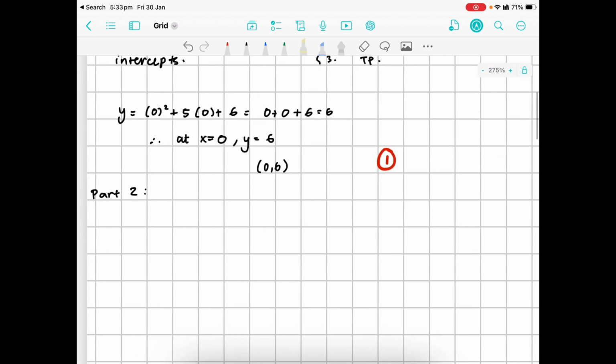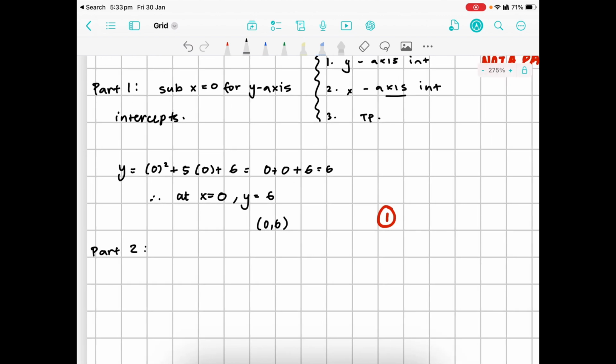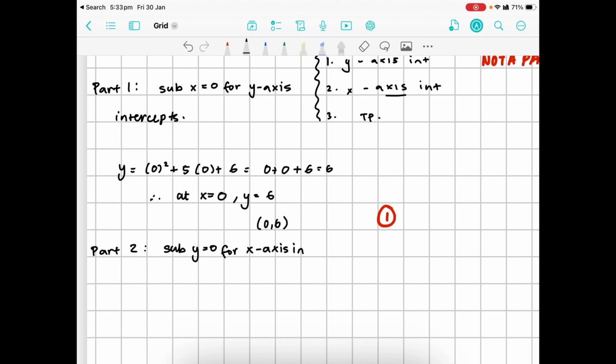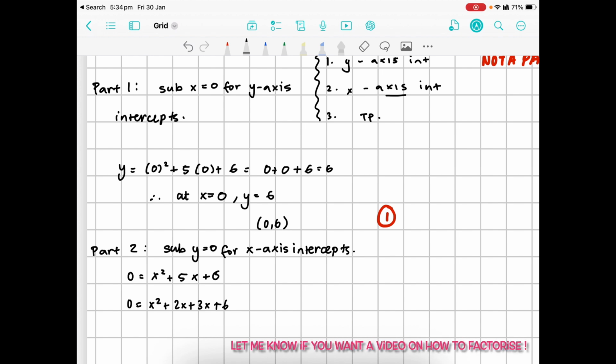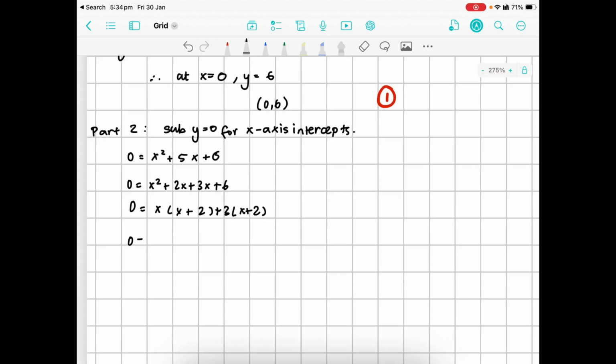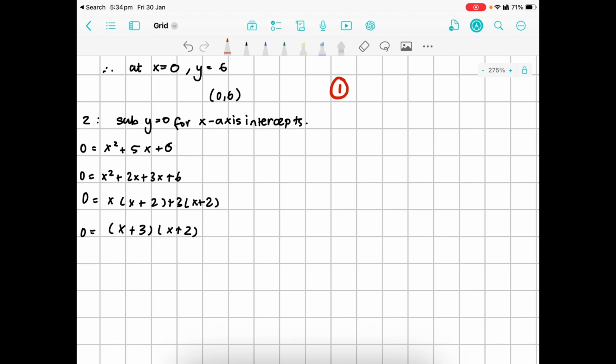So we'll need to factorize. Once we factorize, we now have to use the null factor law.